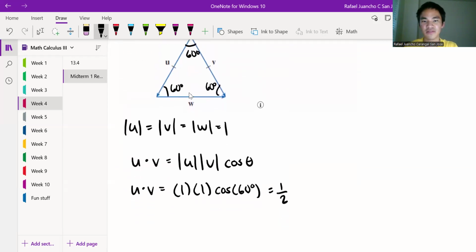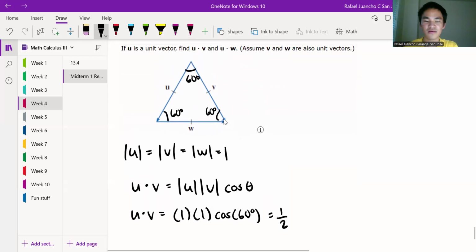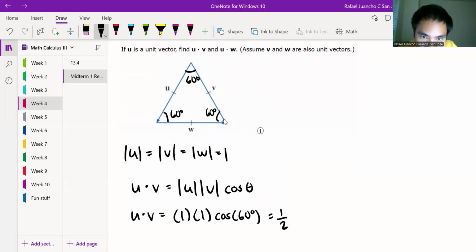Now let's talk U and W. Actually, here's the funny thing. If we notice the arrows, we're saying that U plus V is W, or U plus W is V. We can see that.